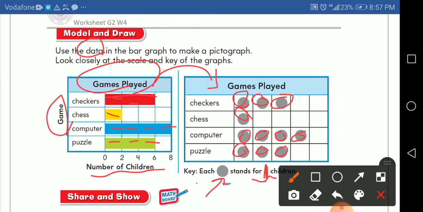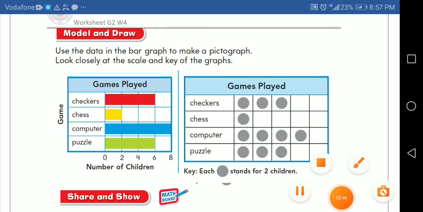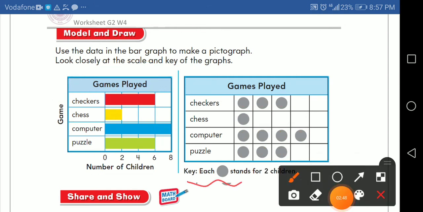So if I say another thing, if I say each ball stands for 2 children this time, this means what? For the red, if I go like this and go down, this is 6. This means I want 2 children for each one. So we got 2, 3, 4, 5, 6.